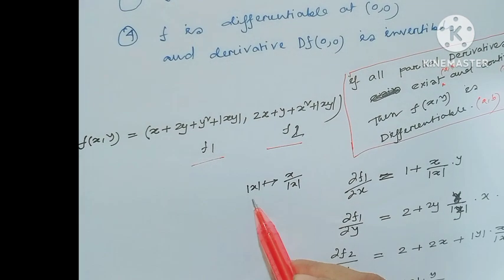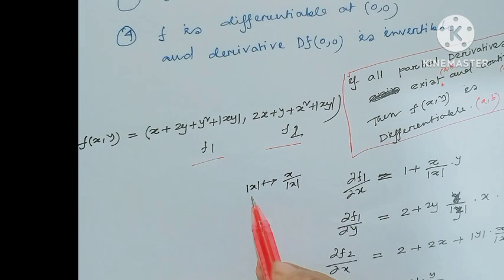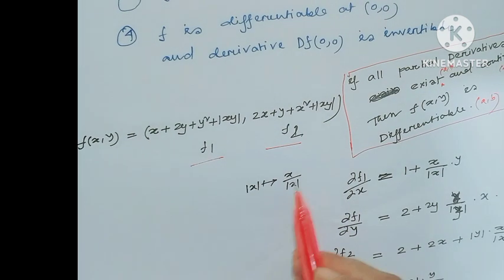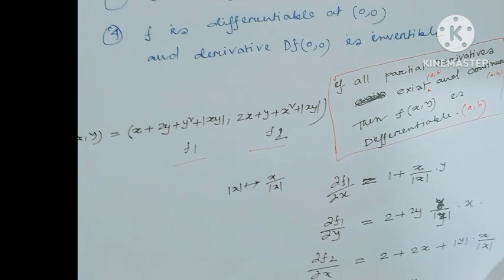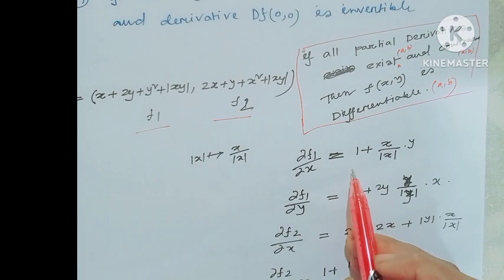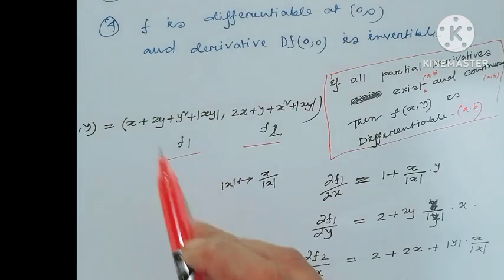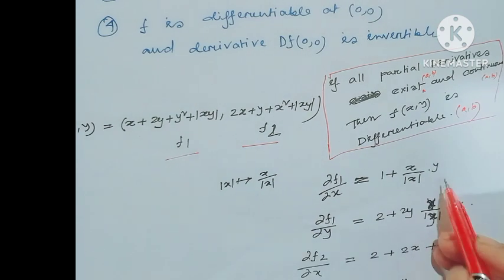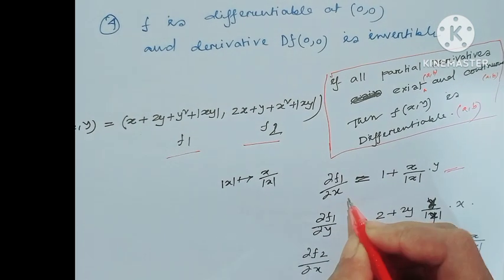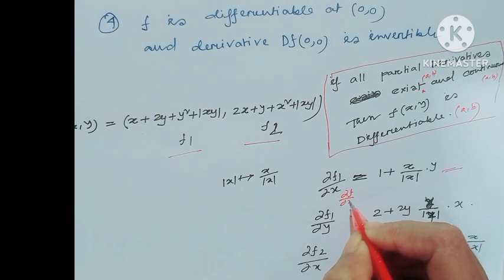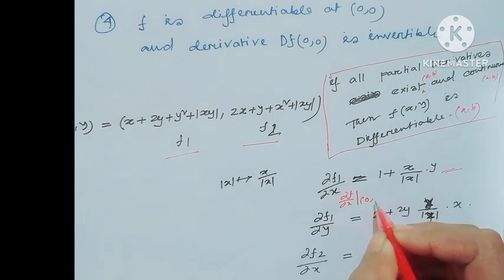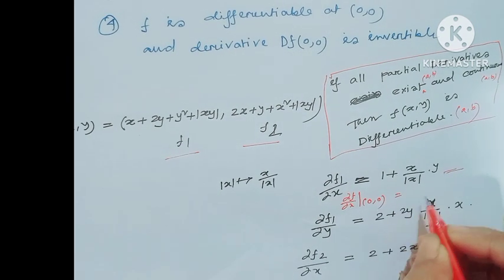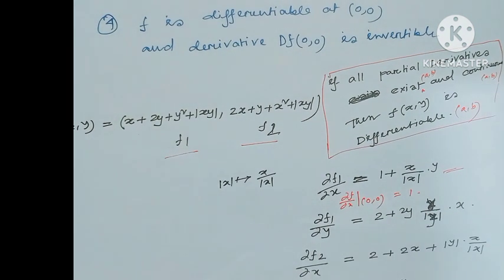And we all know the derivative of mod x is x divided by mod x. Then del f1 del x equals 1 plus x over mod x times y. Because we have to check differentiability at the point (0,0), del f1 del x at the point (0,0) would be what?